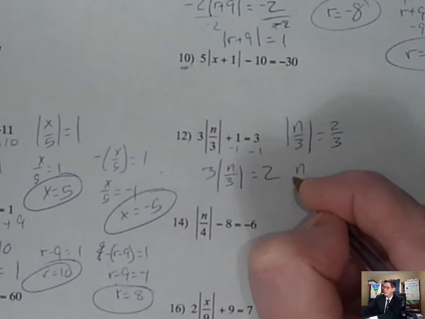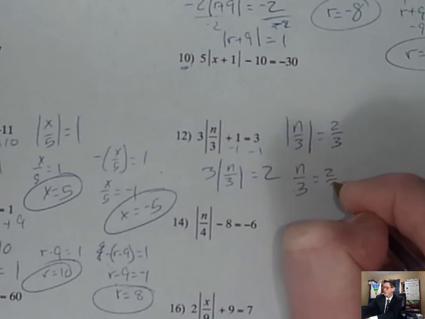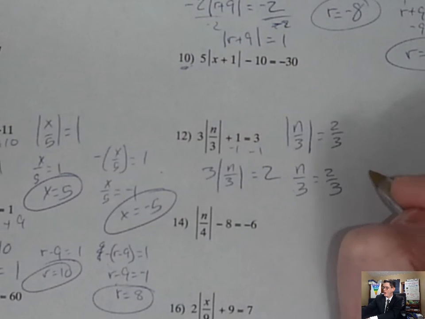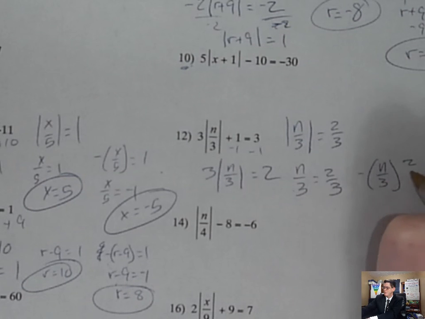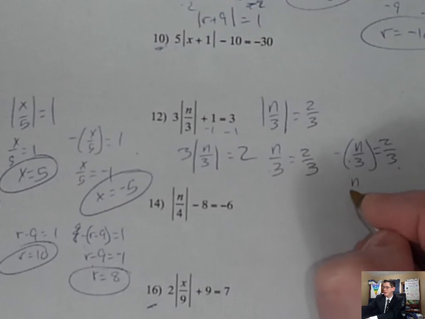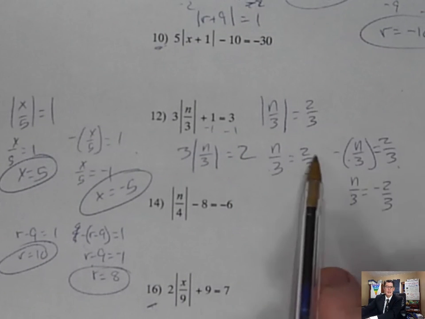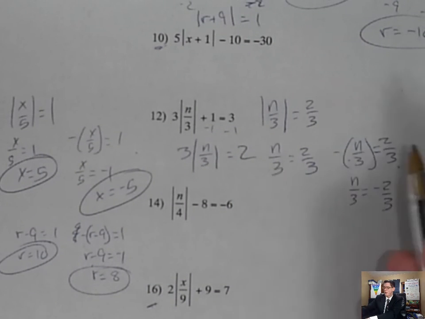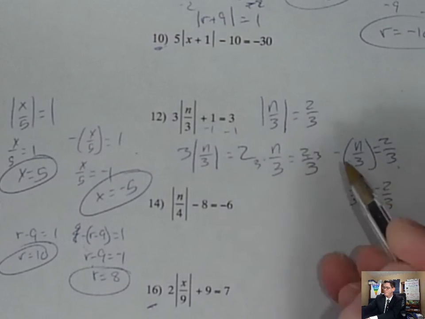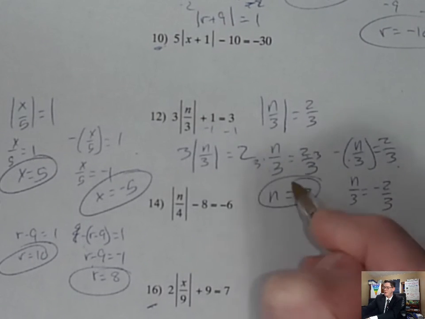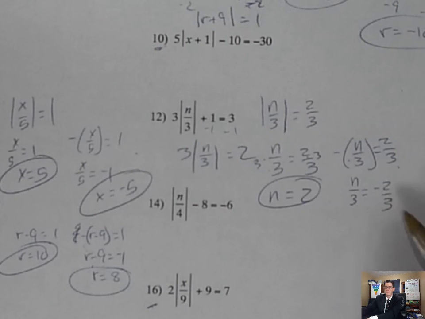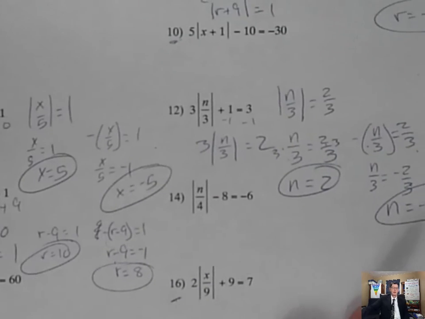So then either n divided by 3 is 2/3, or the negative of that is 2/3. And then we like to divide by the negative quickly, negative 2/3. Okay, so to get n by itself here, times both sides by 3. So n can be 2. And over here, times both sides by 3. n can be negative 2.